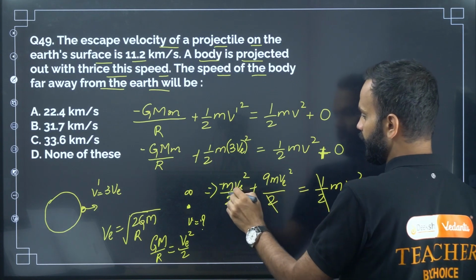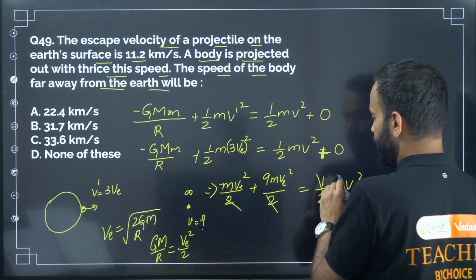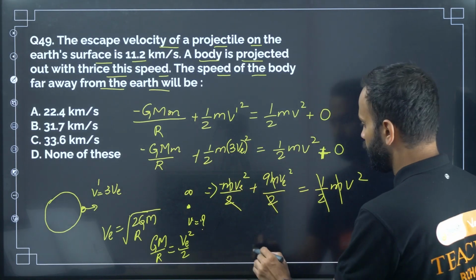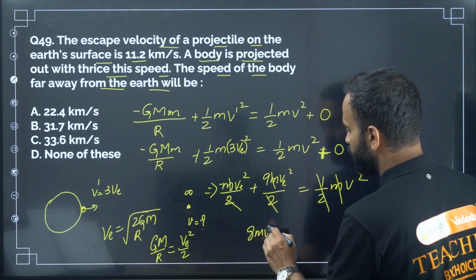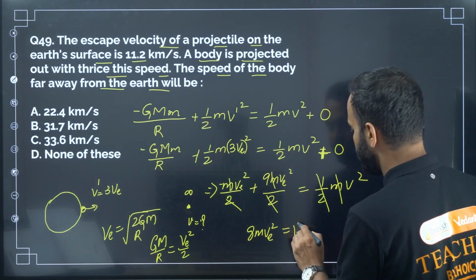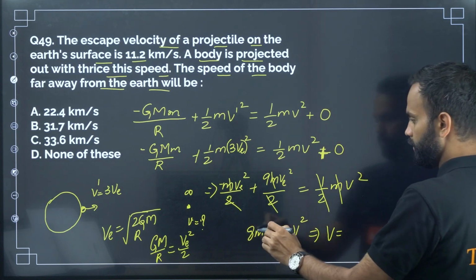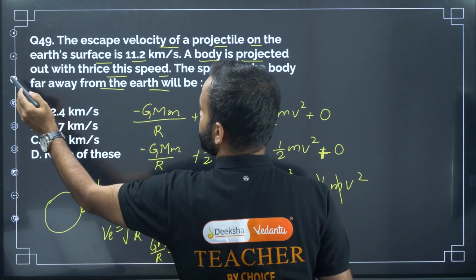So the half will get cancelled, and then m will get cancelled. So this will be 8 Ve square, equal to v square. So now v equal to, m anyway got cancelled.